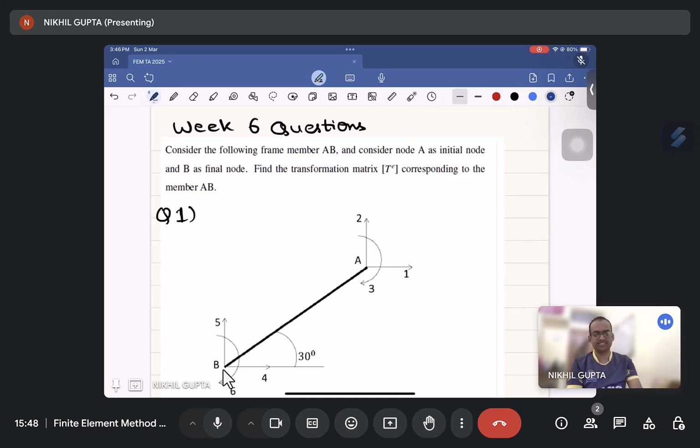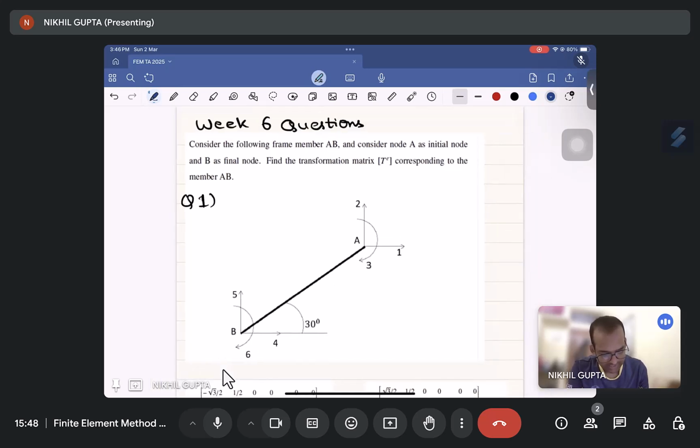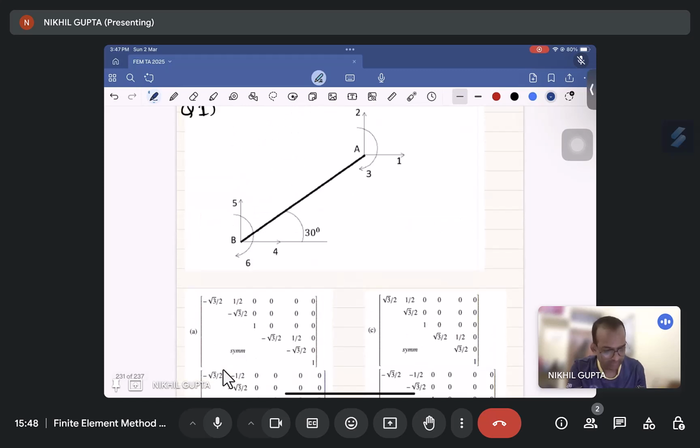So, this question says, consider the following frame member AB, and consider node A as the initial node and B as the final node. Find the transformation matrix corresponding to the member AB, and these are the options given.